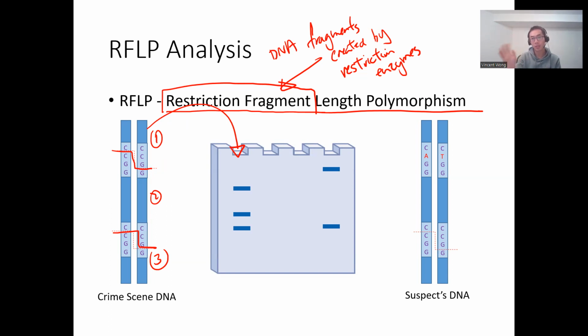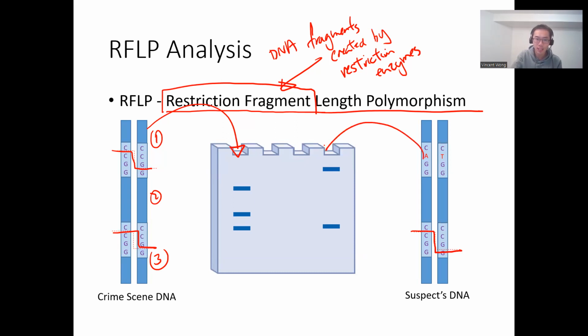Now, because of things like neutral mutation that we've learned before, where you have a single nucleotide that has been mutated, it is possible that instead of CCGG, right, there is a mutation that causes it to become AT instead. So if you take a sample from someone with that mutation, and then you treat it with the same restriction enzyme, then now you will only be able to cut here and not here.